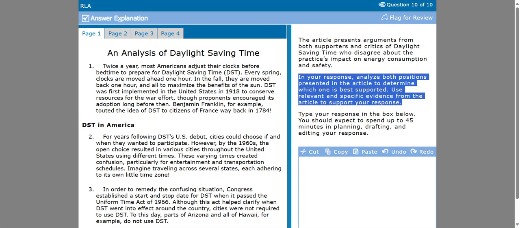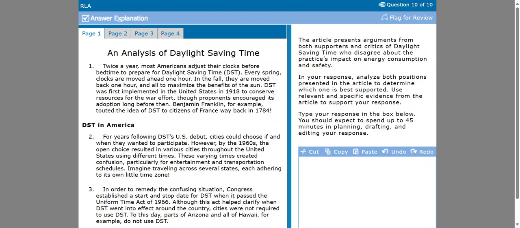In your response, analyze both positions presented in the article to determine which one is best supported. Use relevant and specific evidence from the article to support your response. Okay, here is really where the question begins.